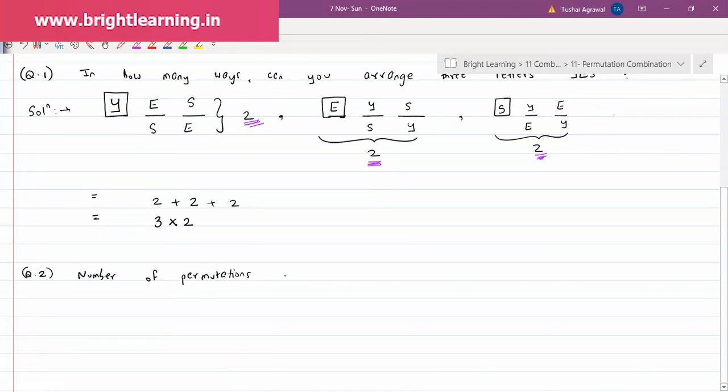Number of permutations of the letters of the word FOUR, 4, is equal to how much? Number of permutations of the letters of the word FOUR is how much?